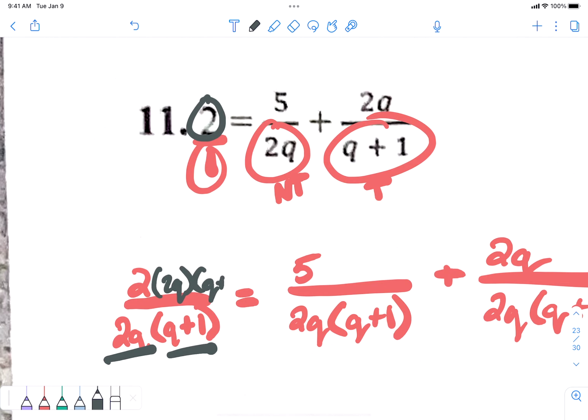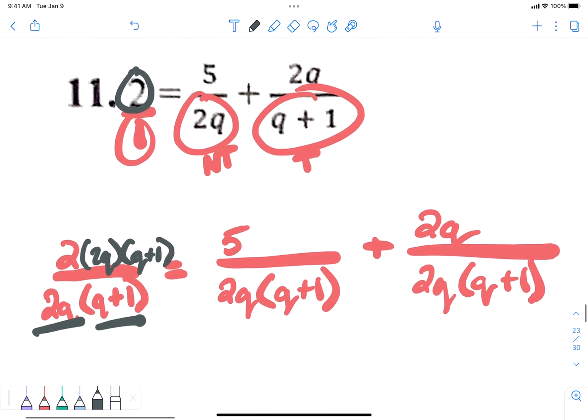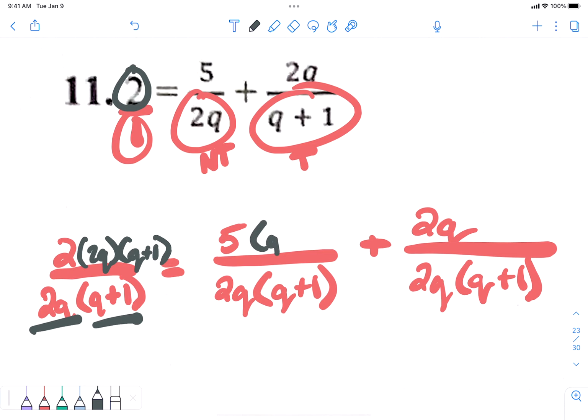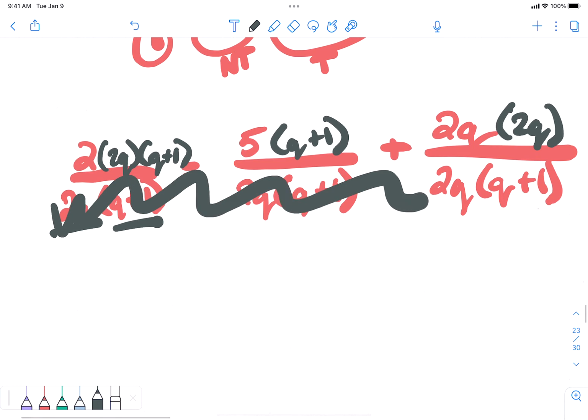He has nothing, so he needs everything. No, the 5 needs just q plus 1. The 2q on the right, this got people in 6th period. They got tricked by it. 2q needs a 2q. And you can cross off the whole bottoms.